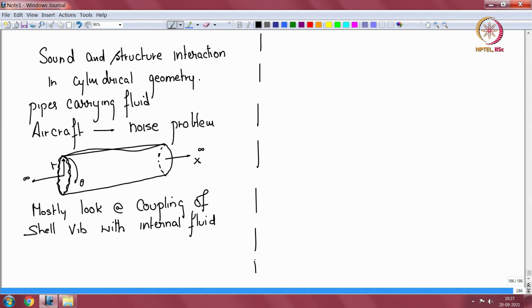So, firstly we'll just look at cylindrical shell vibrations and waves in an infinite cylindrical shell. So, if I draw a shell element, it looks like this.